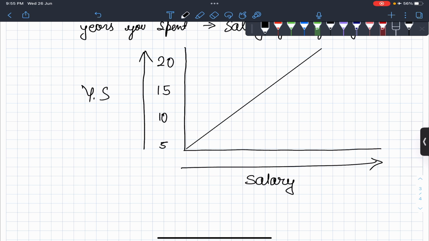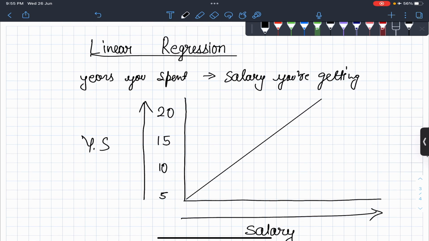So we can see a linear relationship between the years you spent and the salary.